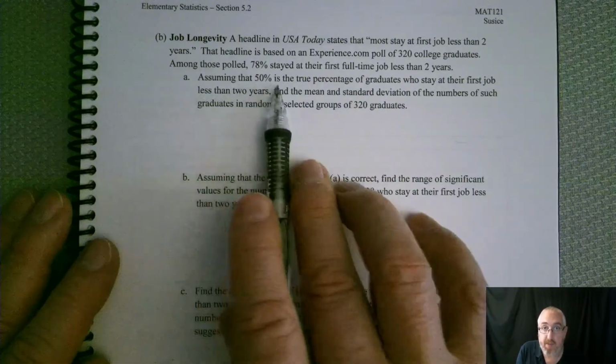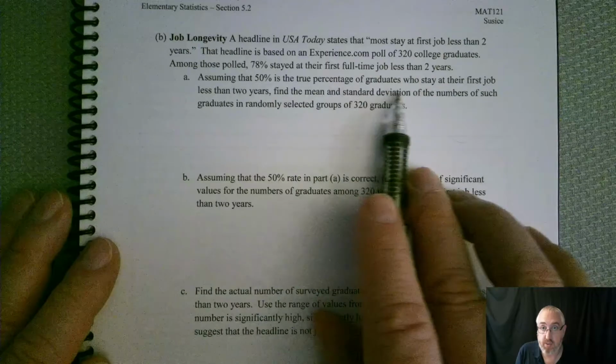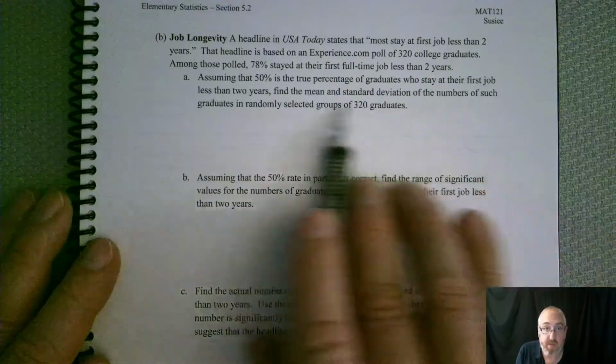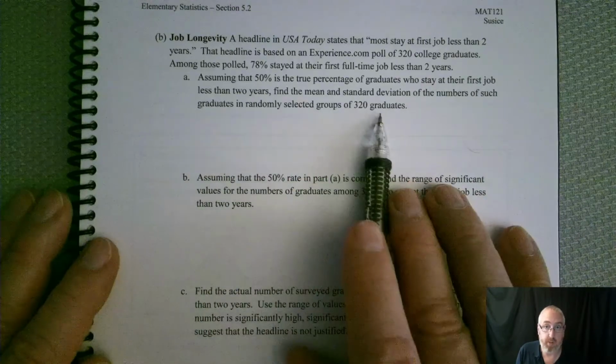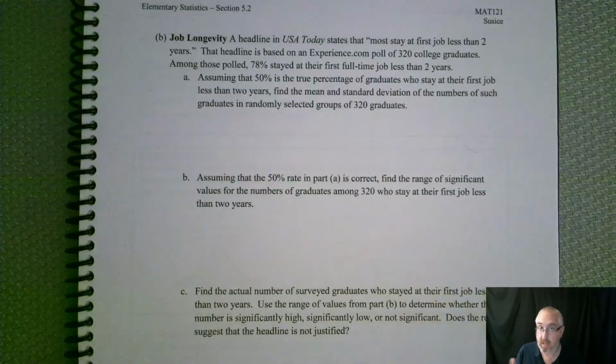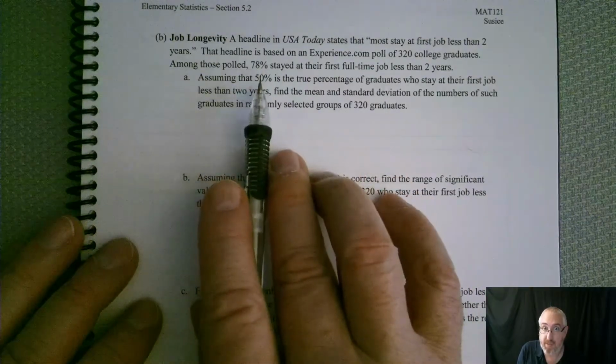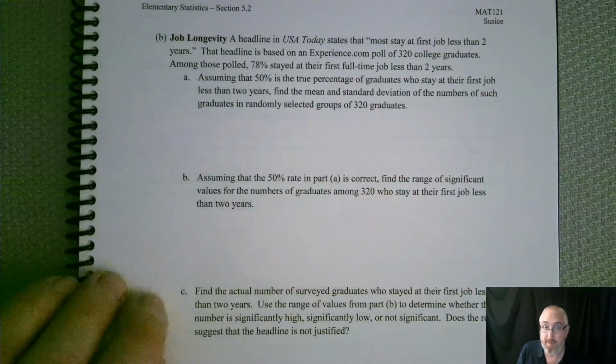Assuming that 50% is the true percentage of graduates who stay at their first job less than 2 years, find the mean and standard deviation of the number of such graduates in randomly selected groups of 320 graduates. Okay, so mean and standard deviation again, but we're not using the 78, we're using 50% as the true value of p.